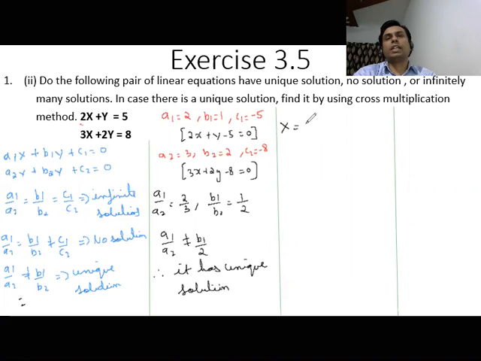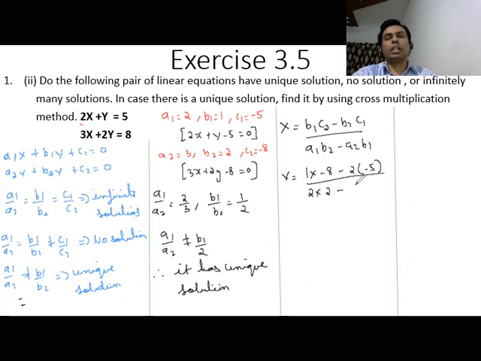How to find x? x is b1 c2 minus b2 c1 divided by a1 b2 minus a2 b1. So substitute b1, 1, into c2, minus 8, minus b2, which is 2, into c1, which is minus 5, divided by a1, which is 2, into b2, which is 2, minus a2, which is 3, into b1, which is 1.